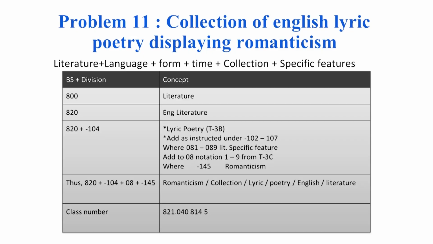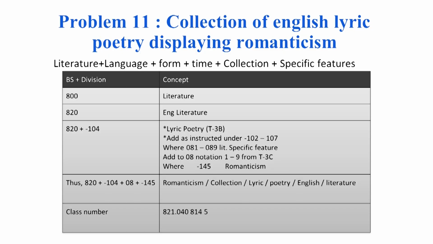So you will search this number. 800 means literature, 820 is English literature, then a particular kind of poetry, that is lyric poetry. So the lyric poetry number is -104.